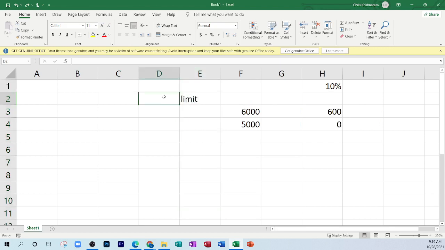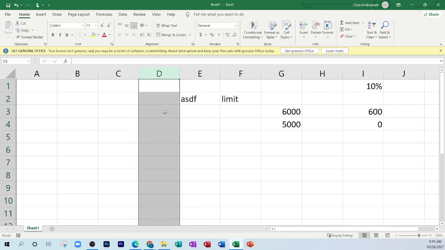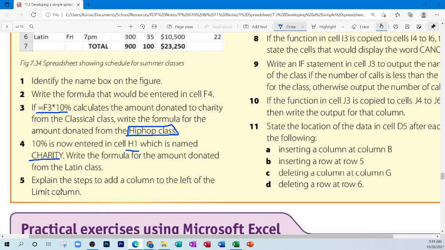If it was column D, and you right clicked here, yes, it's before, but it's not exactly before. The question wanted exactly before. Explain the steps to add a column to the left of the limit column. That's where it wanted it.